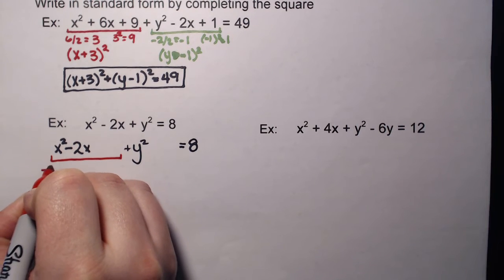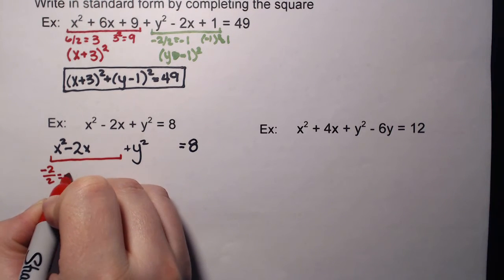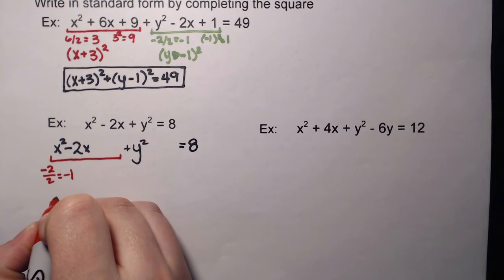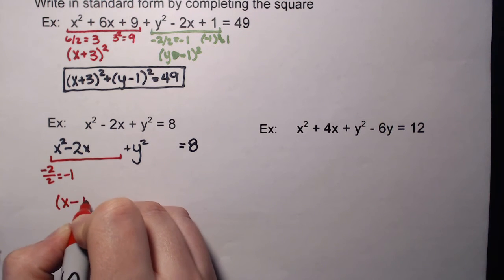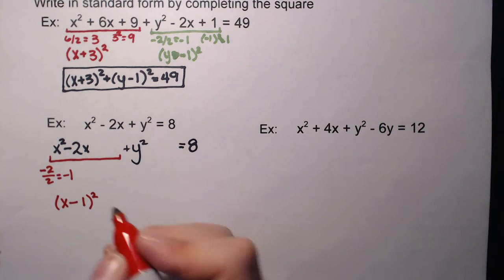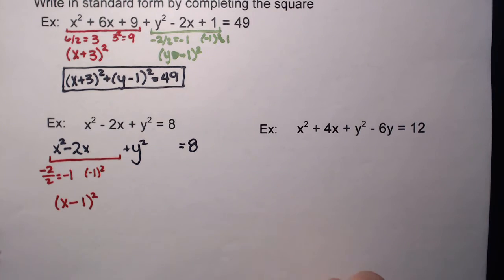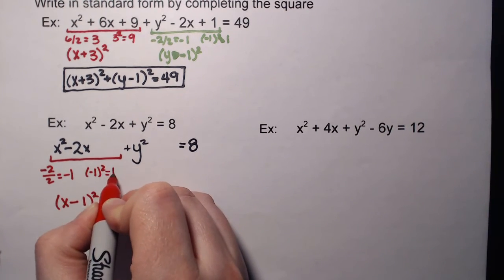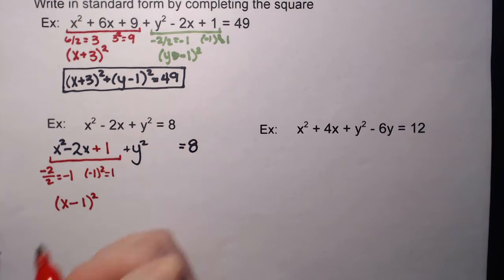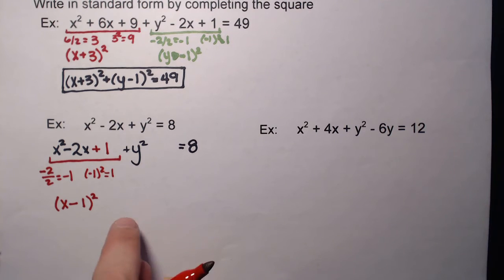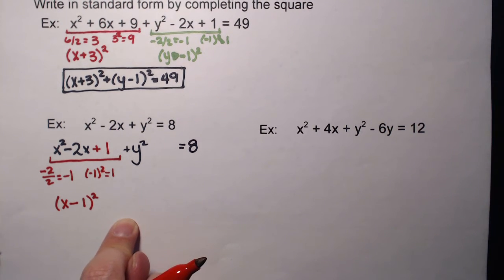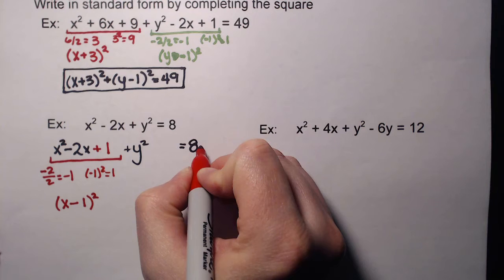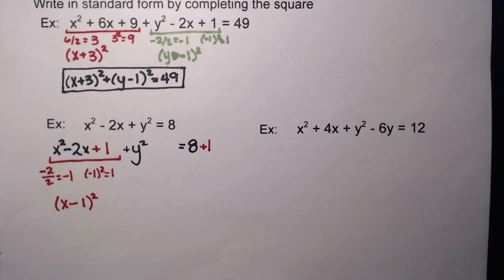And then I'm going to fill in information to make this work. So what is half of -2? -1. So my goal is to rewrite this as x minus 1 squared. Well, what is -1 squared? 1. So that's what needs to go here. I added that myself, though. It wasn't there originally. So I need to also add it over here. That keeps it balanced.